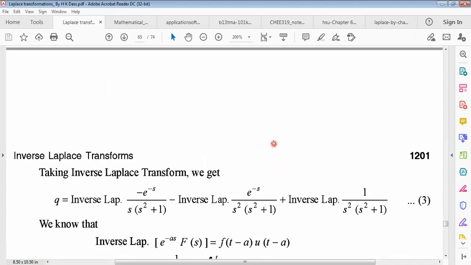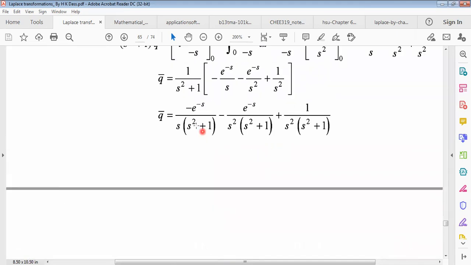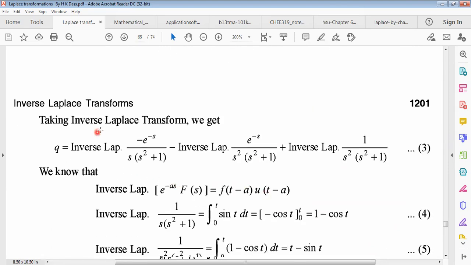Now taking the inverse Laplace transform, we have to find the inverse Laplace transform of the first part, the second part, and the third part. So the inverse Laplace transform gives the original function Q(t): the inverse of the first part, minus the inverse of the second part, plus the inverse of the third part.